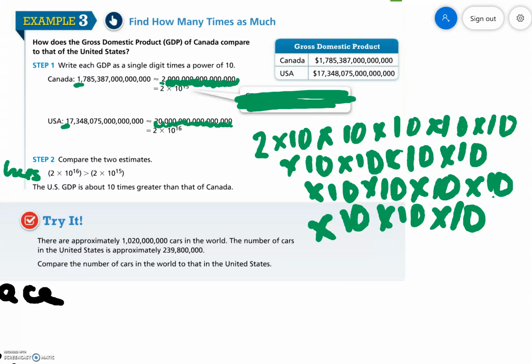I'm not going to write out Canada's, but would I write as many 10s? No, I would write 1 less 10, which means that the USA is 10 times greater than Canada.